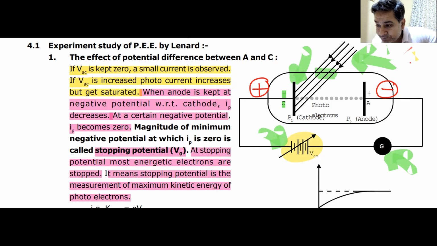Yes, sir. So you will write up till here, and you'll also write this last line. I understand that you might not have understood it, but you will write it because it will start to make sense in the next point, or maybe after the next point, when you see what is going to happen.